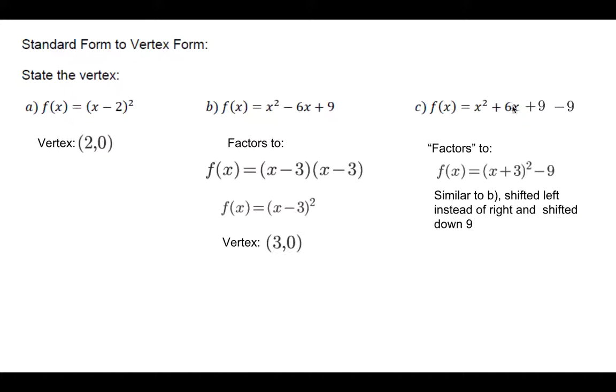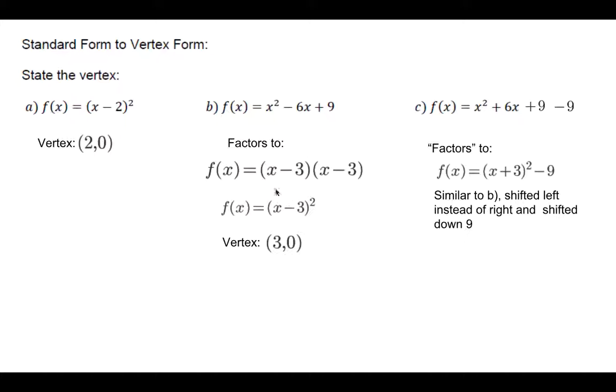And so now the question is, where did the 9 come from? It's not just part B here. What if we didn't know that 9 was there? And the answer comes around the idea that if you expanded this out, the 3 comes from half of the 6, and so if you expanded this out, you'd get 6x.